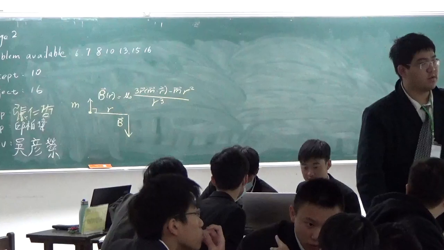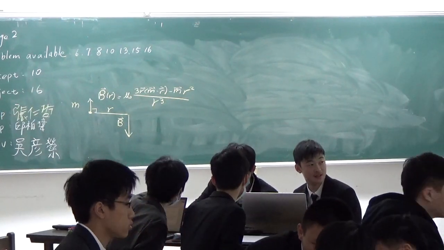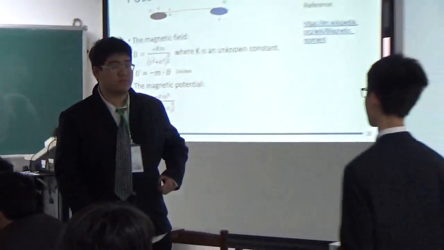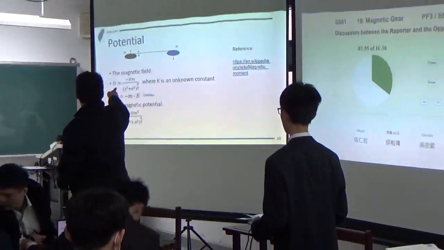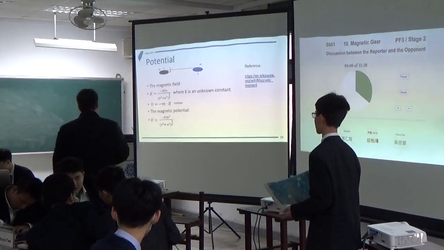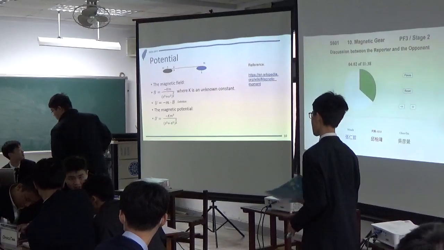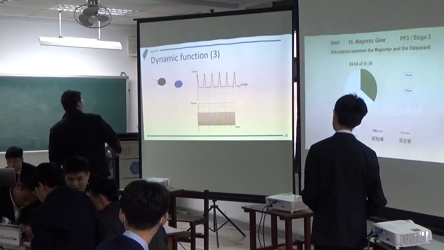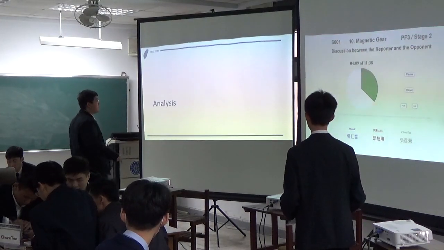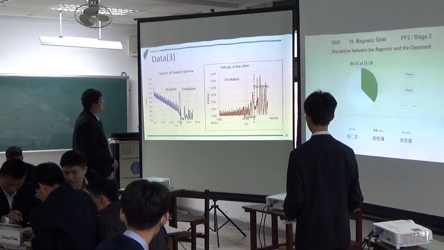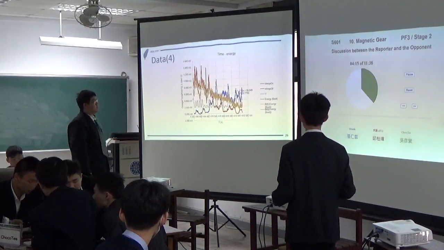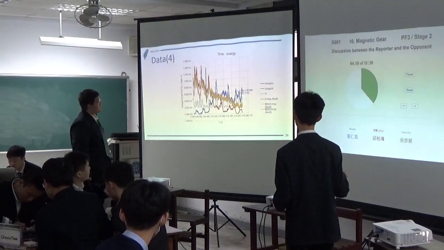Let's go into the potential energy. The measurement of potential energy change. You measure potential energy, data changed by time. The yellow line is the total energy, right?